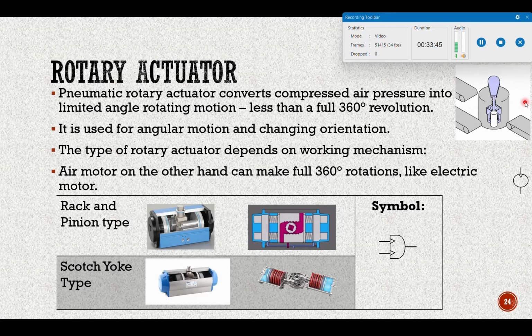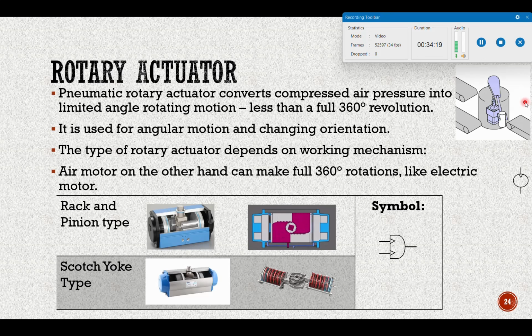If we need something like that, usually we tend to use an electrical actuator instead. So we apply an electrical actuator and then have the shaft of that electrical actuator turn whatever we want to turn in 360 degrees. Unless the requirement is 360, most of the time we can easily use pneumatic.